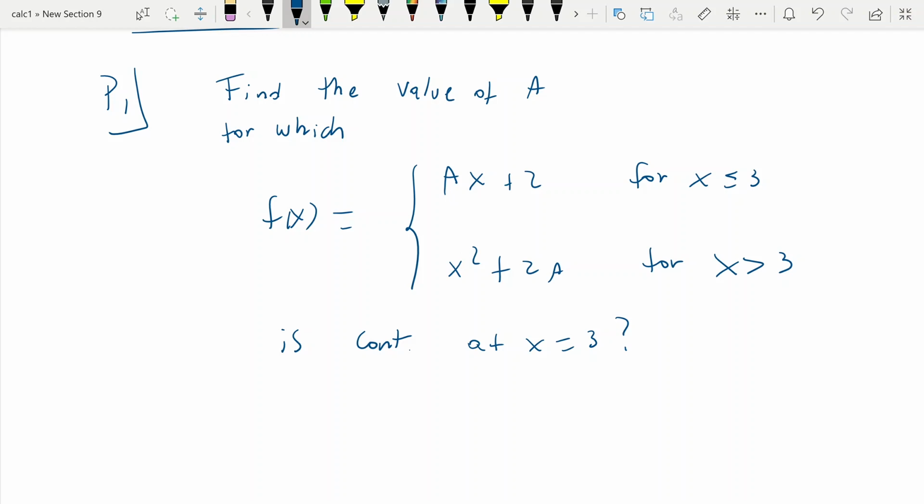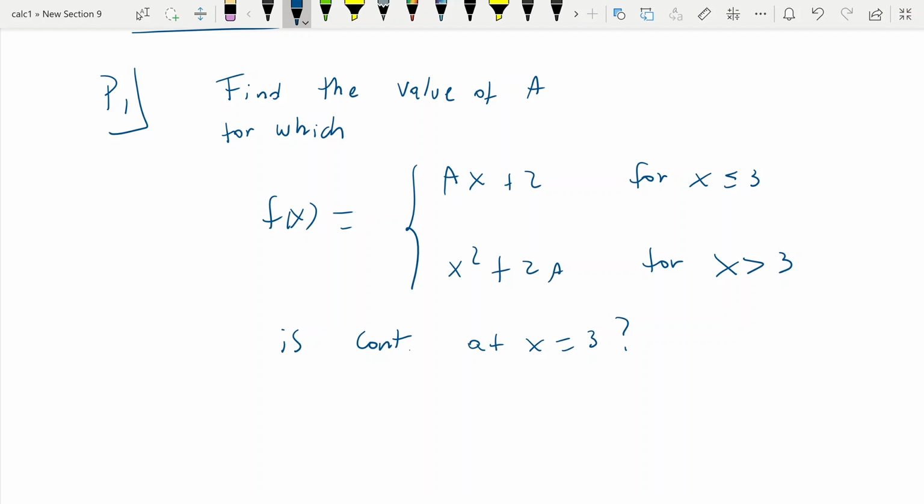There are some other variants of the problem where they ask you to find the values of a such that f is everywhere continuous, and since usually the functions involved will be polynomials, which you know are continuous everywhere, it will reduce to the same thing, just checking what happens at the transition points.